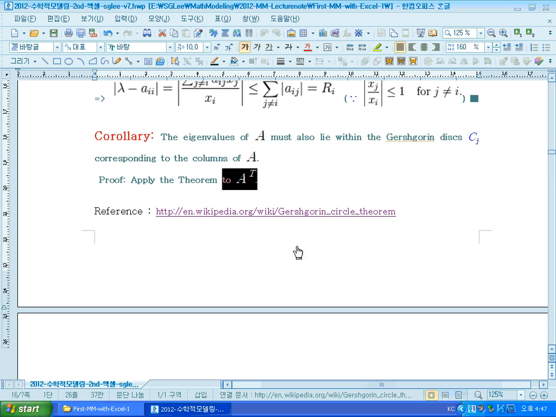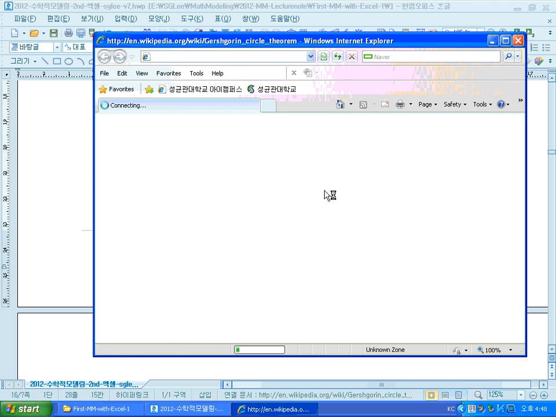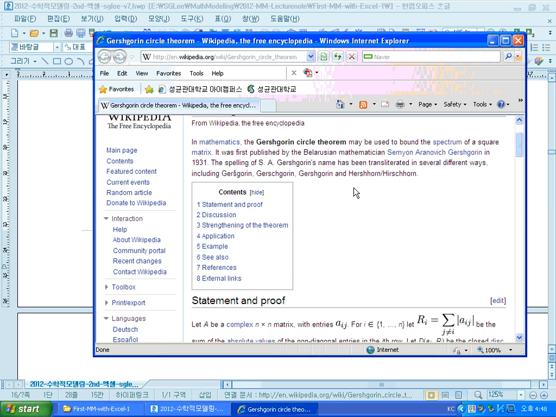If we go to the Wikipedia site, then you will see more information and references on Gershgorin circle theorems.